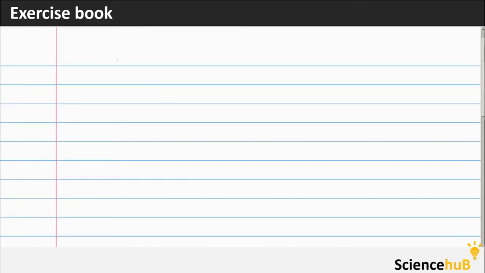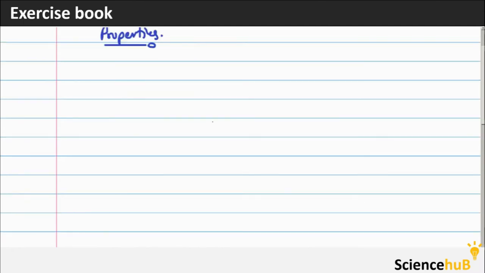Okay, now I will come to the properties of logarithm. Without stating them as they are, I will try to give you some idea behind that.